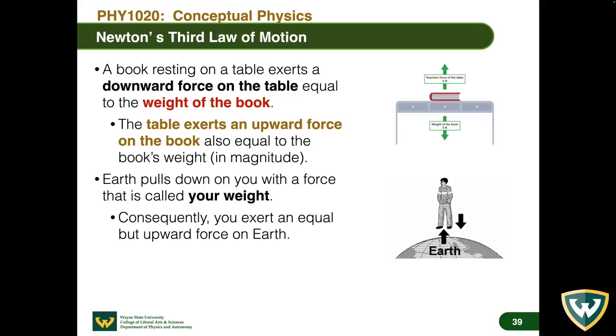In turn, that means that the book is exerting a force on the desk. The book is pulled by gravity, and as such, it wants to fall down. It wants to accelerate down. But the desk is there, and so the book is putting pressure on the desk downward. And so the action of the book is to exert a force on the desk.